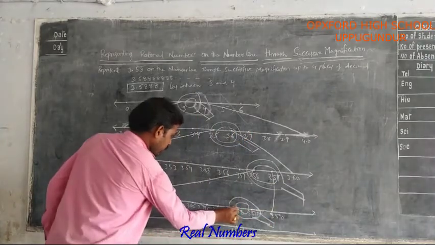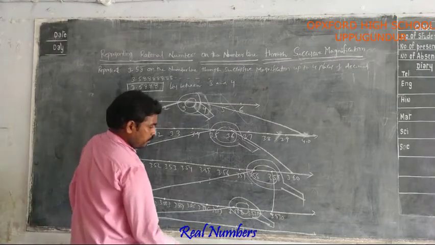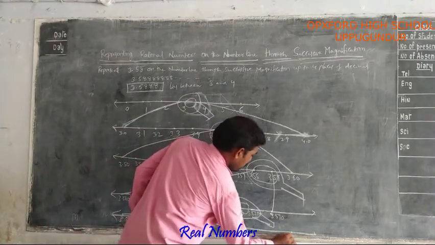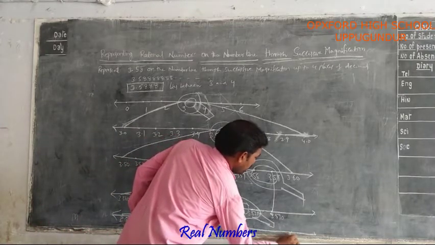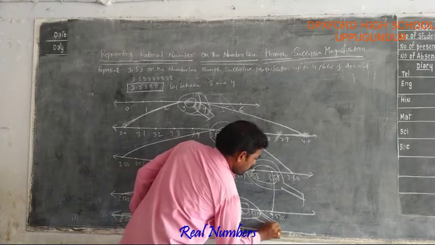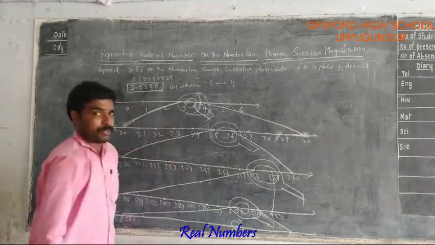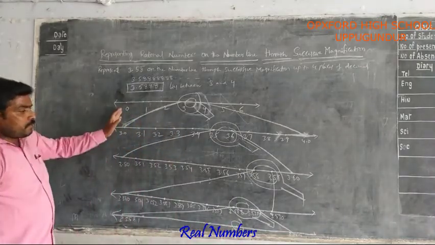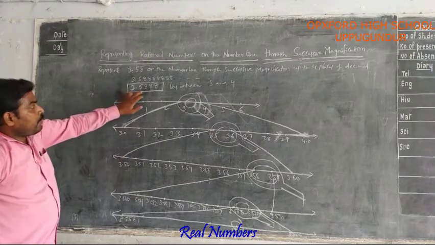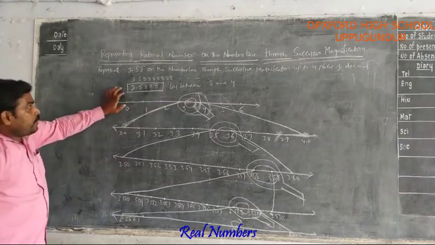Again 3.588 and 3.589 into 10 equal parts. So this is the number we are representing. In this way you can represent 3.5888 on the number line through successive magnification.